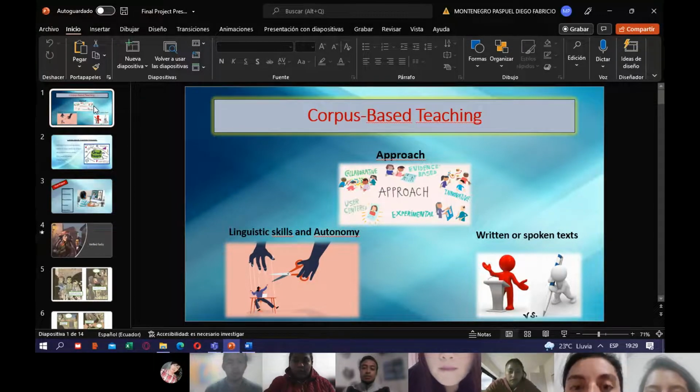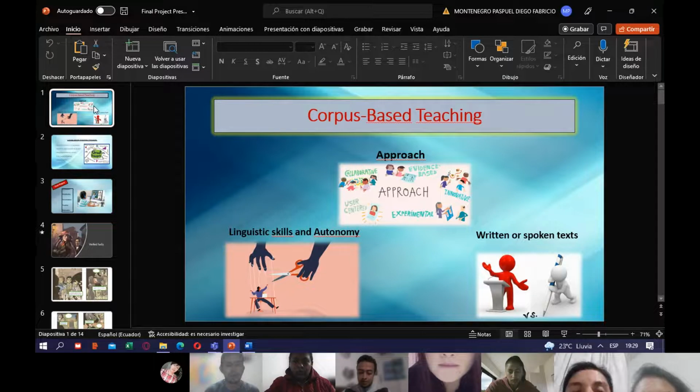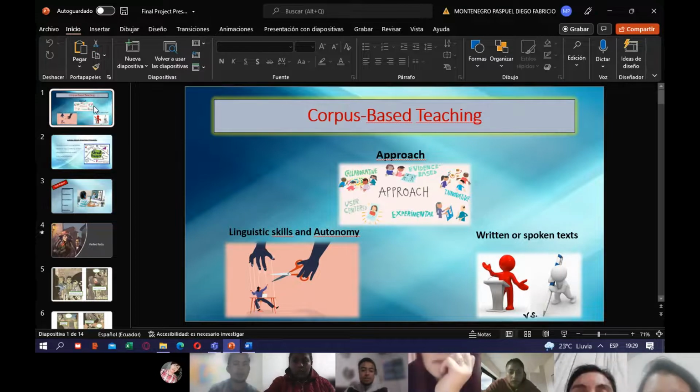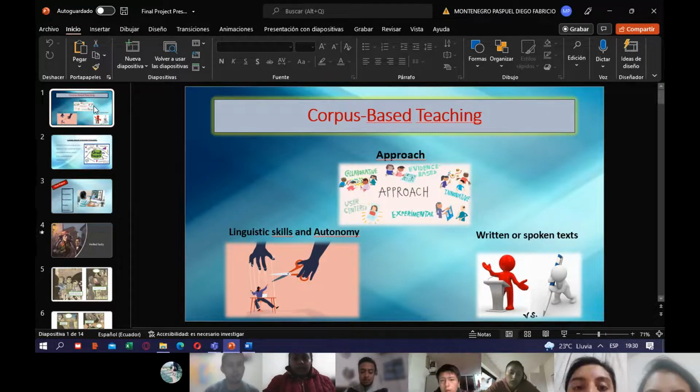Well, hello guys. Today's class is about how we will use corpus-based teaching, an approach whose main characteristic is teaching through the analysis of corpora. In this approach, learners get direct access to the data in order to enhance their language learning in various linguistic skills and develop more autonomous learning. But what is a corpus?